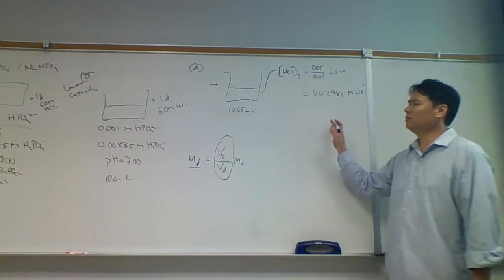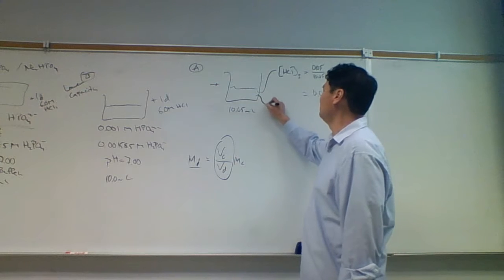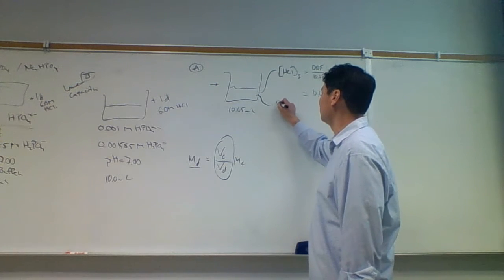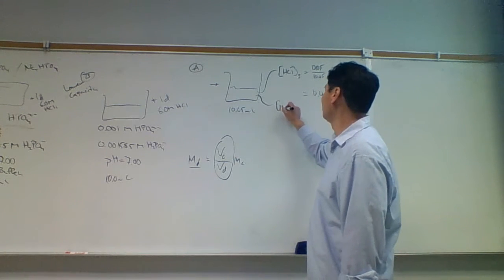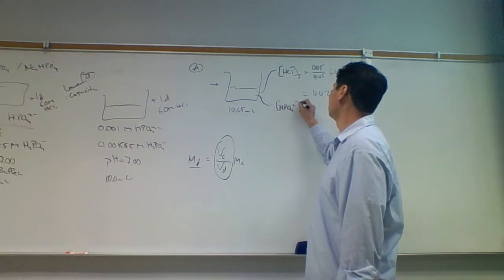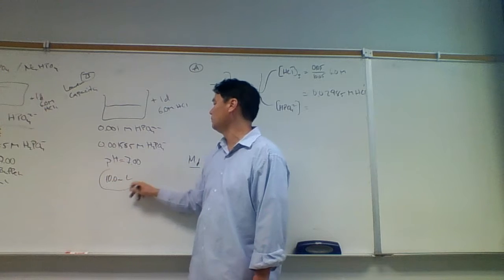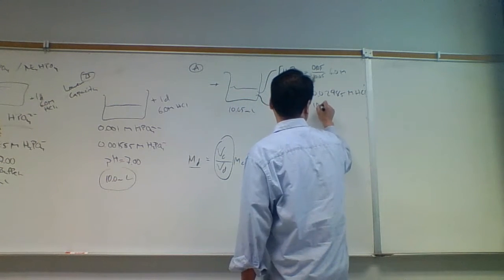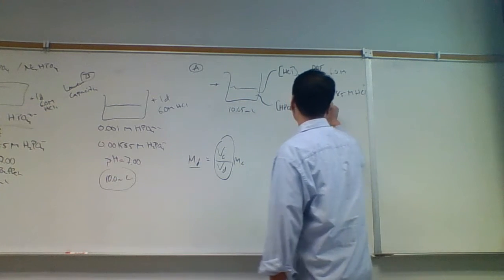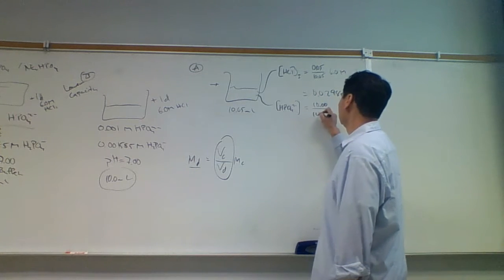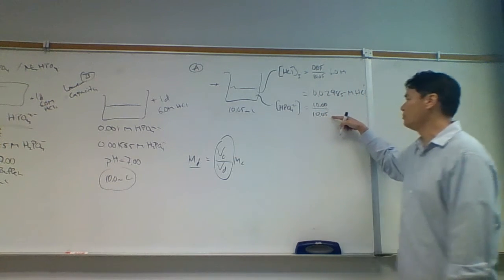And so this is the initial concentration of the HCl in the reaction mixture, before anything reacts. And then we have HPO4 2 minus. The HPO4 2 minus is going to have a different dilution factor because we're starting off with 10.00 milliliters of that, and then we're diluting to 10.05. So it's a 10 to 10.05 dilution.